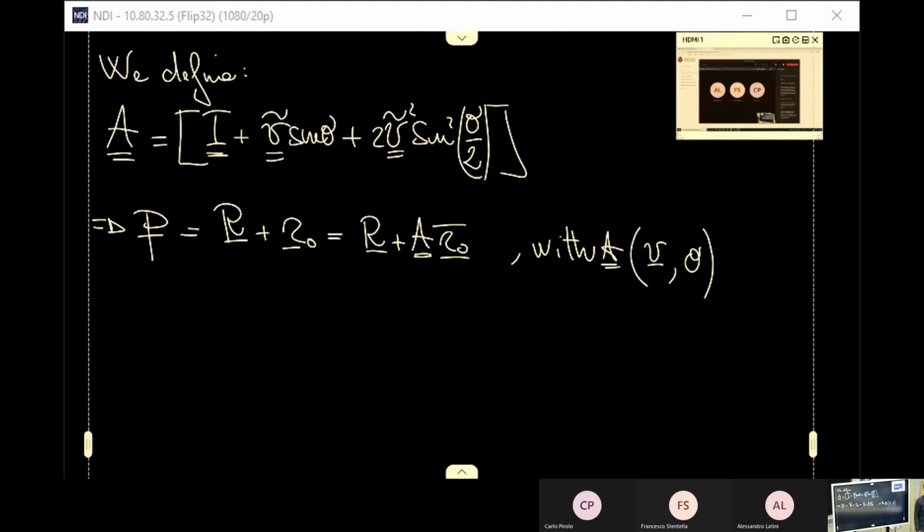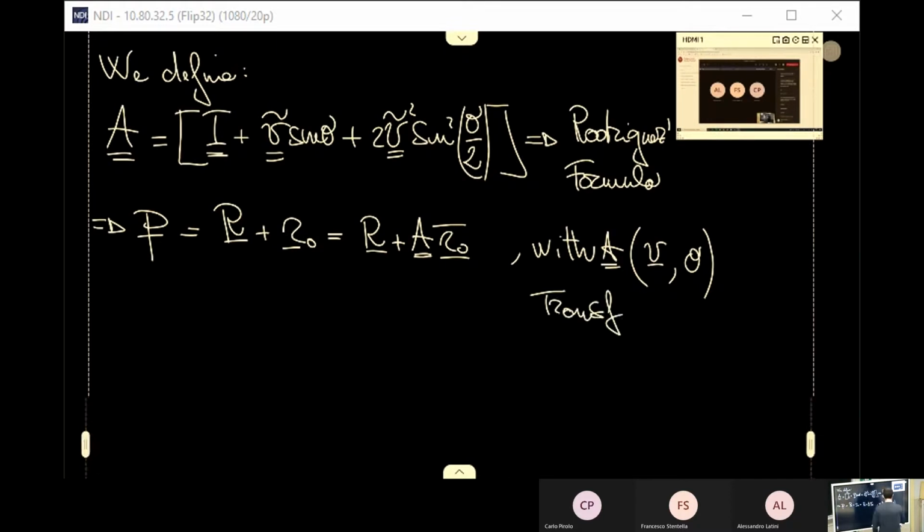This matrix A is called the transformation or rotation matrix, and this is called the Rodrigues formula. So this is the Rodrigues formula. And this is called, as we said, the transformation or rotation matrix.